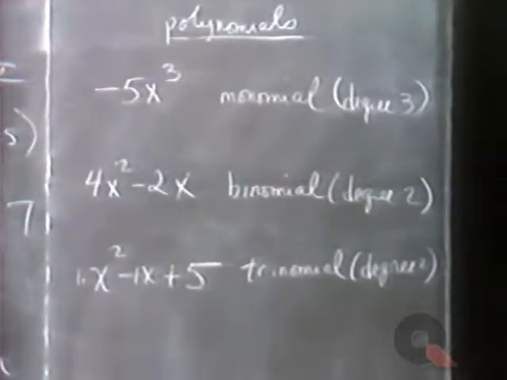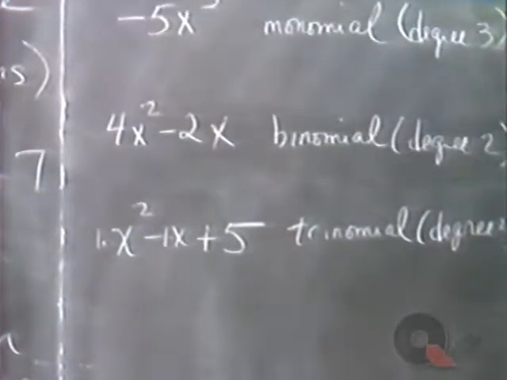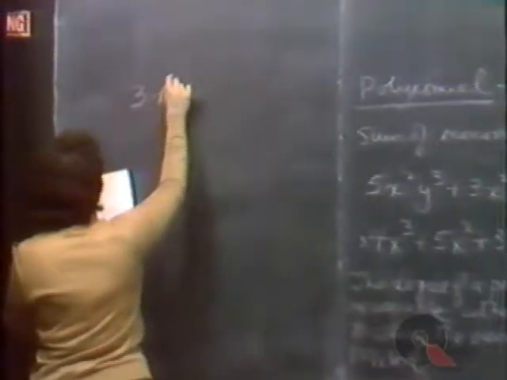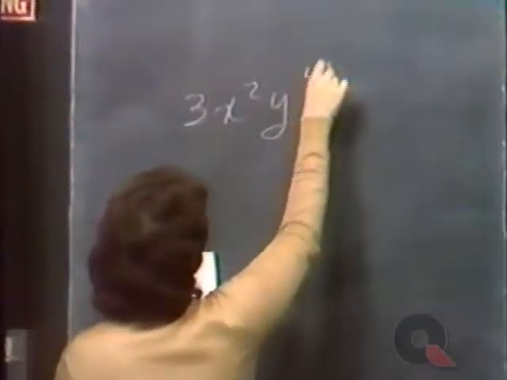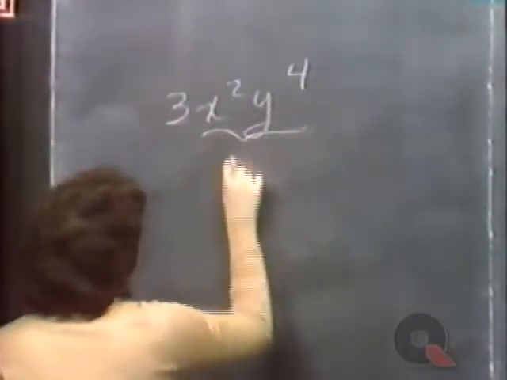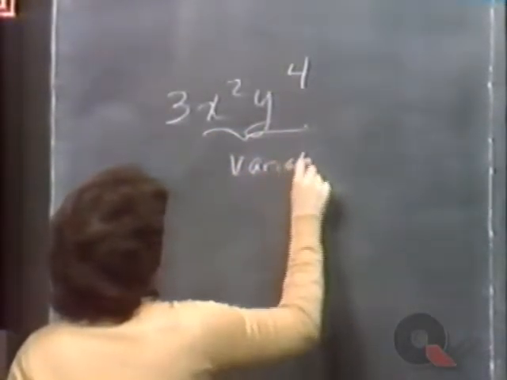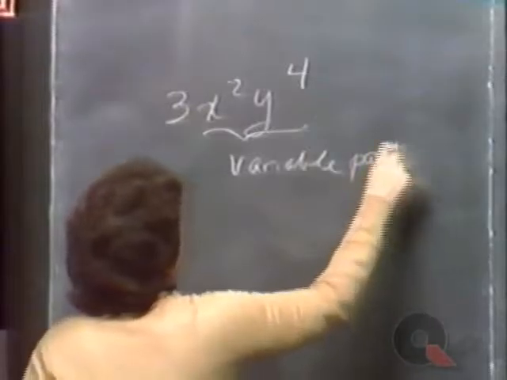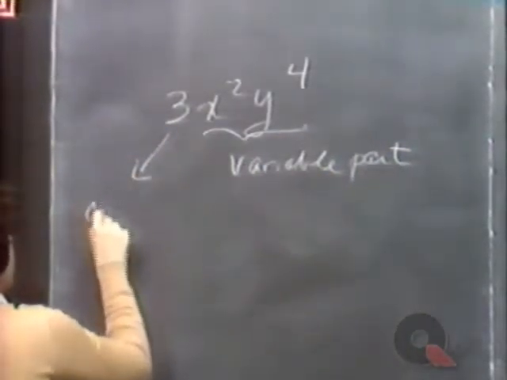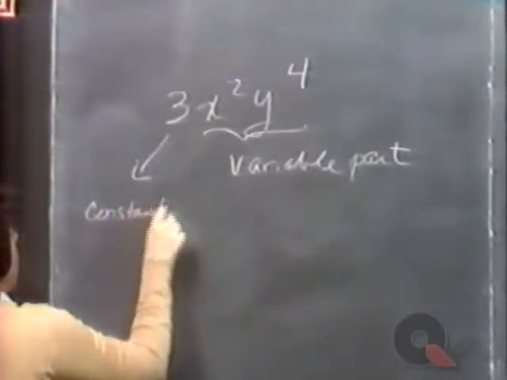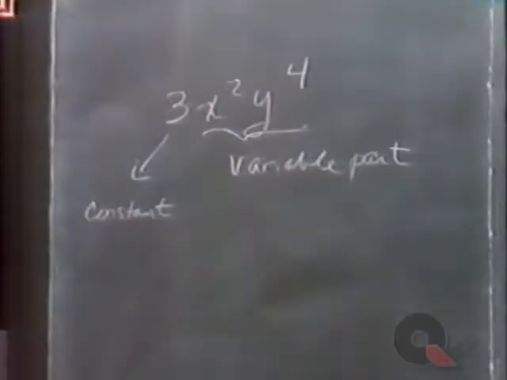Let's just take a look at terms. I want to discuss the variable and constant parts of a term. Let's look at a typical term, 3x squared y to the 4th. This will be the variable part of the term. This is the constant part, or the numerical coefficient of the term. If two terms have exactly the same variable part, we will call them like terms.